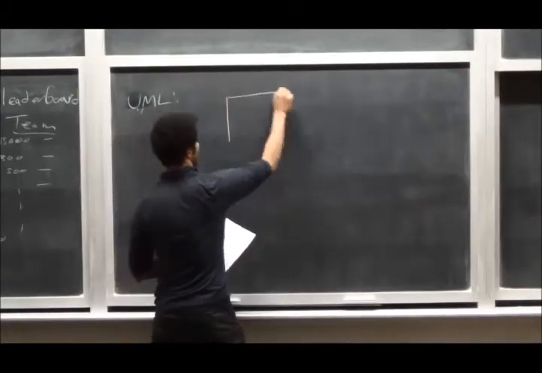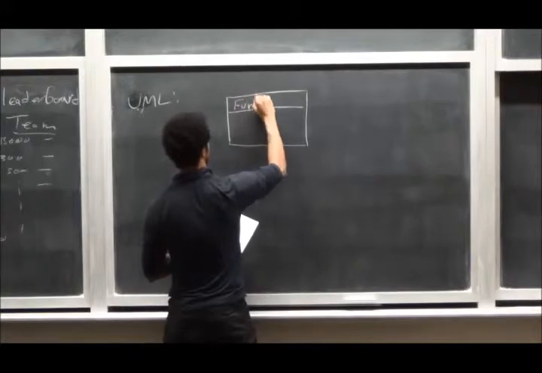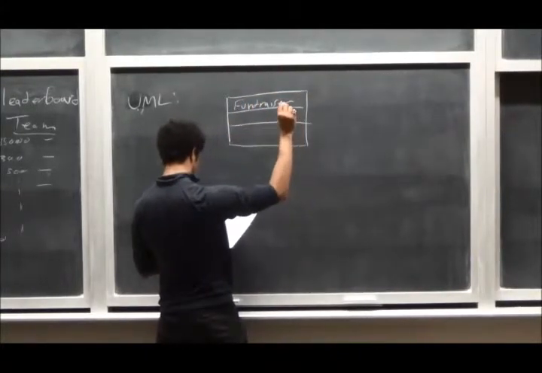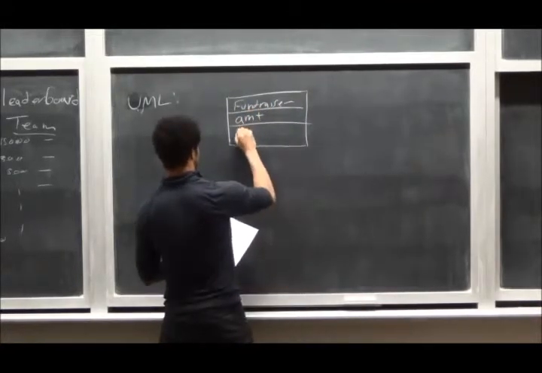So if you had some fundraiser, in the fundraiser class, they'll have some sort of amount, which they're fundraising, and then a function that gets the amount.